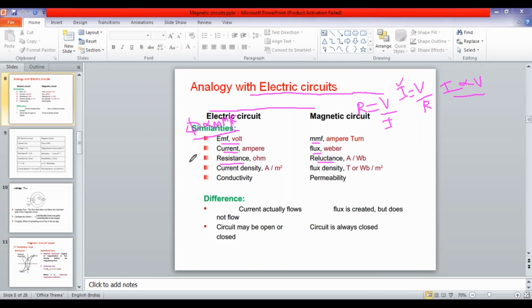So in the electrical circuit, Ohm's law is that I is directly proportional to the applied potential V. And in the magnetic circuit, the flux phi, because flux corresponds to current here, is proportional to MMF.